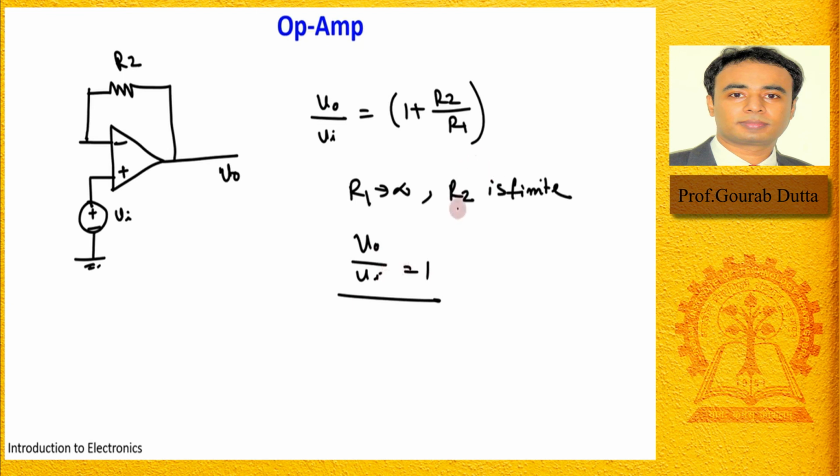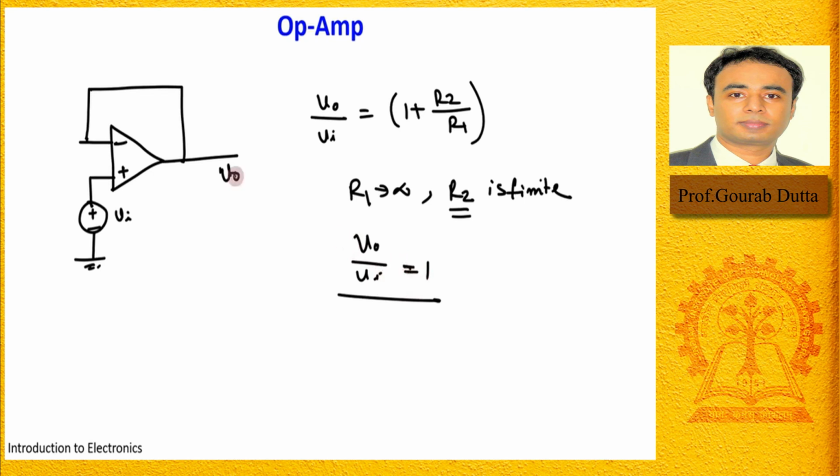It really does not depend on the value of this R2, right? So even if this R2 value is equal to 0, the gain will still be equal to 1. That means if we just remove this R2 and make this a short, the gain will still be equal to 1, right?